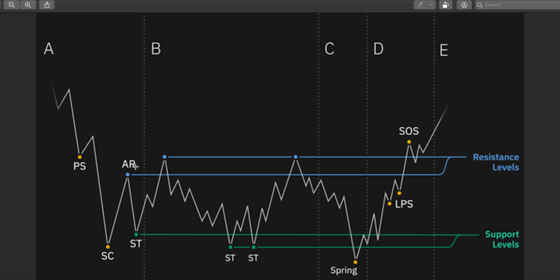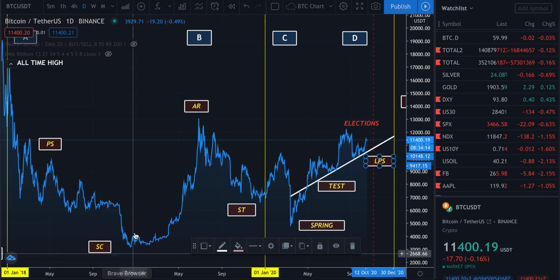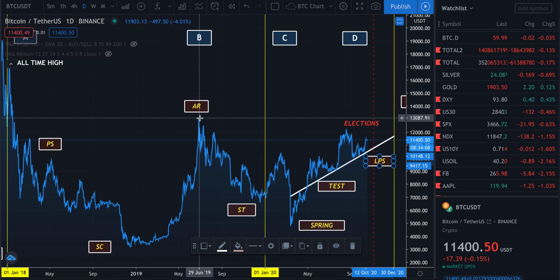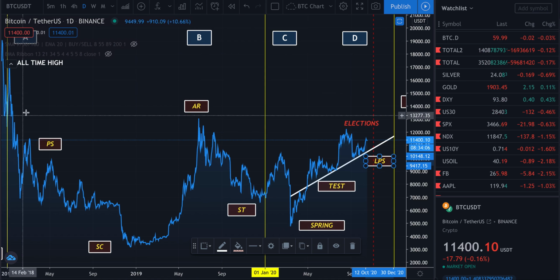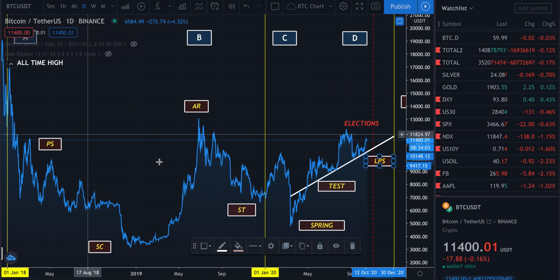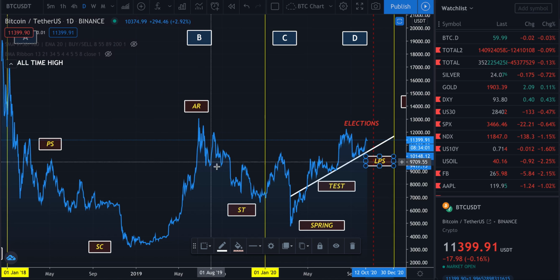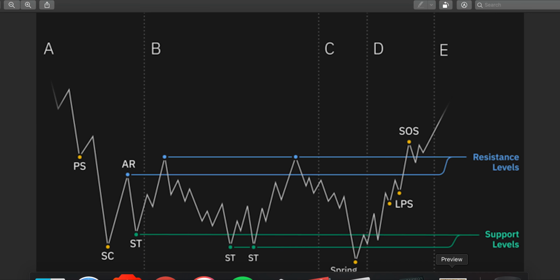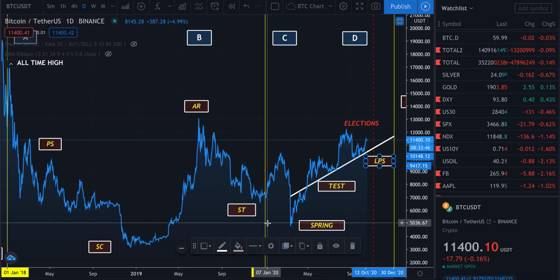Then we have this automatic rally after the SC phase, which is basically a violent jump back up. It's almost seeming like a parabolic bull market, but it isn't because we're not back to the all-time highs that we were experiencing before. We crash down and enter this ST, which in a Wyckoff cycle in a market could happen 2 to 3 times, basically lower tests that are coming down close to as low as this SC phase, but not quite.